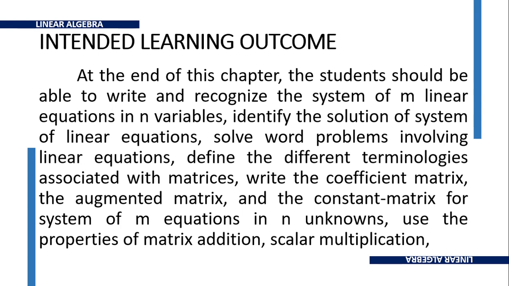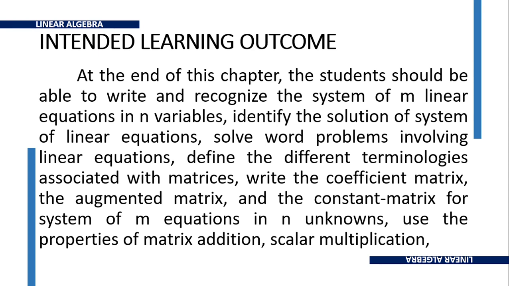So we have here the intended learning outcomes. At the end of this chapter, the students should be able to write and recognize a system of m linear equations in n variables, identify the solution of a system of linear equations, solve word problems involving linear equations, define the different terminologies associated with matrices, write the coefficient matrix, the augmented matrix, and the constant matrix for a system of m equations in n unknowns.